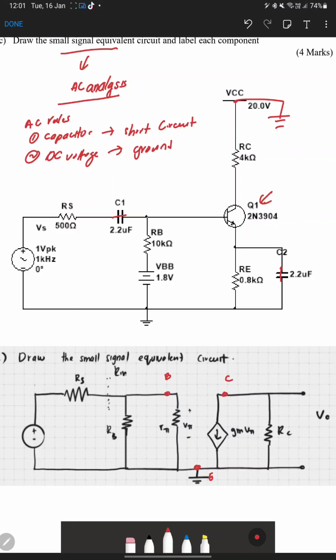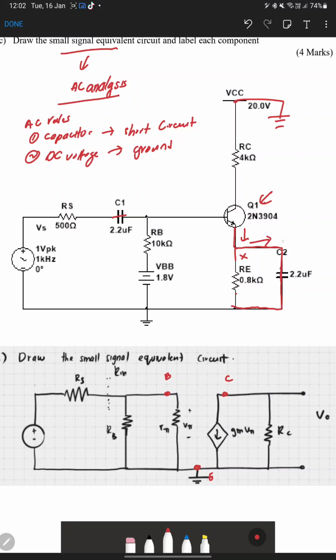Alright, so why does my emitter become ground? If we have two ways, one way is the easy way with no resistance, and the other has resistance. The current doesn't enter the way that has a resistance.